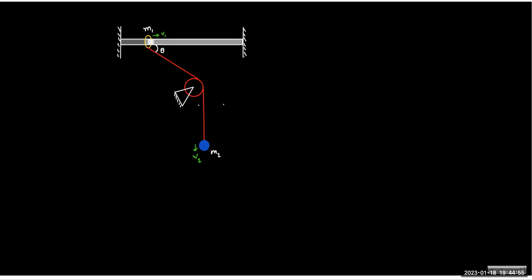So v2 is equal to v1 cos theta. Yes, same.